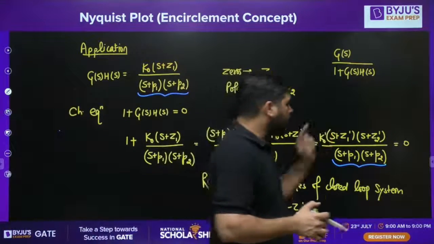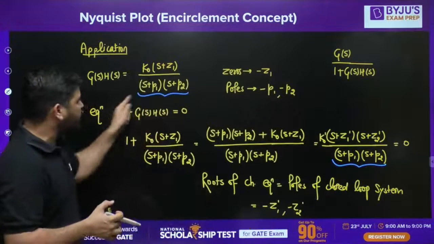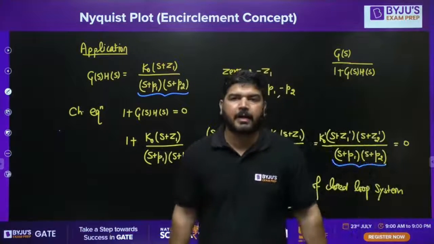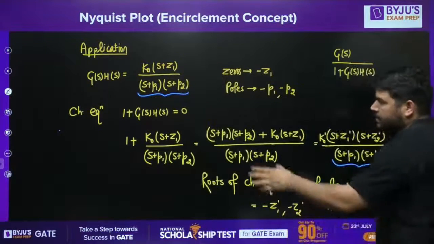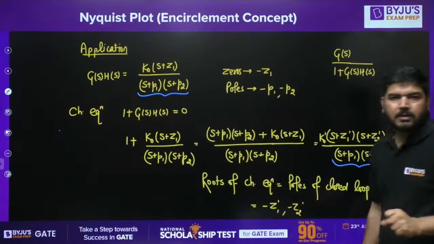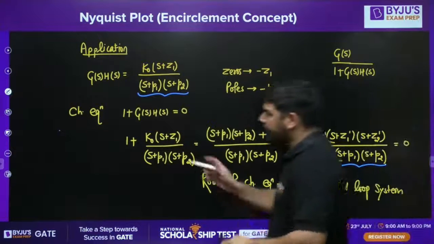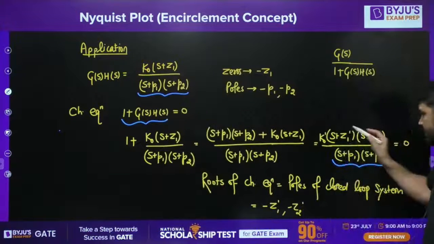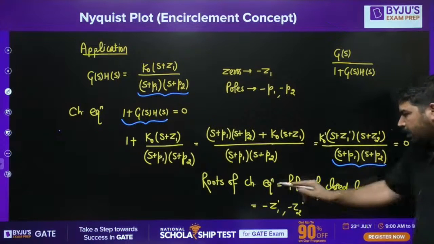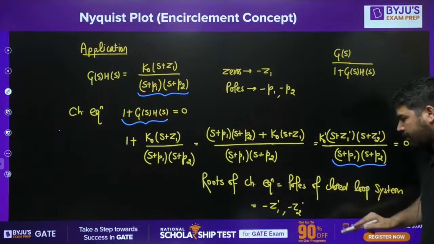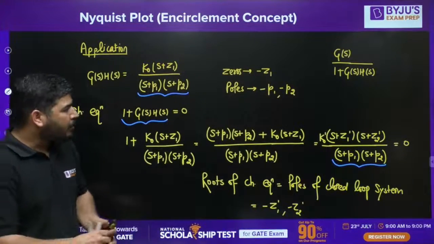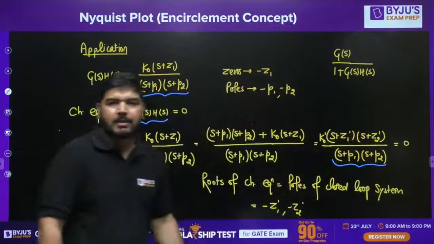It means the zeros of 1 plus G(S)H(S) will tell us about the closed loop system stability. So we are interested in the zeros of 1 plus G(S)H(S), because they are actually the roots of the characteristic equation, or simply the poles of the closed loop system. So we are more interested in the zeros of 1 plus G(S)H(S).